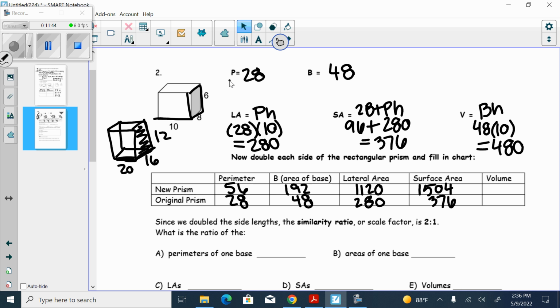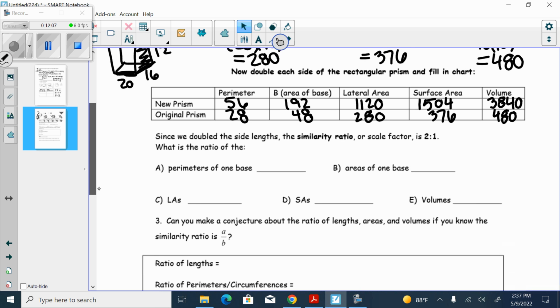Okay, and then lastly we have our volume. So the new base area, 192, times the new height of 20 is going to give us a volume of... good, compared to the old, which was 480. Okay, so now we have the chart filled in. Now they ask us to answer a couple questions about what we found.